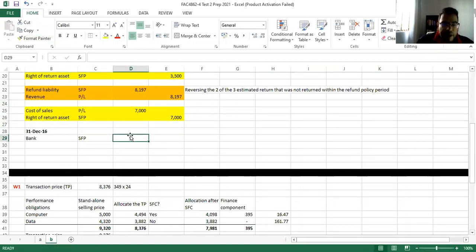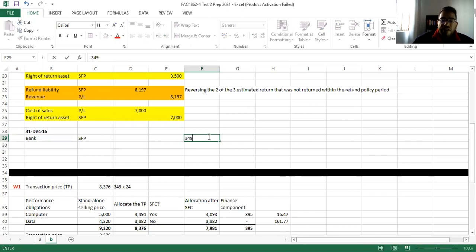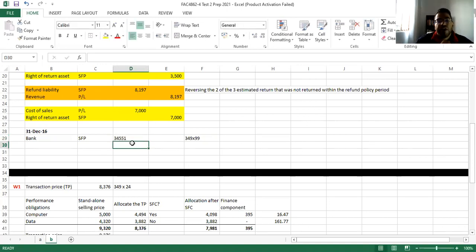Remember, the monthly premium is 349. But after the refund policy, we no longer have 100 customers. We only have 99 customers. So bank is going to increase by the 349 monthly premium times 99 customers. This 349 is for 2 performance obligations.